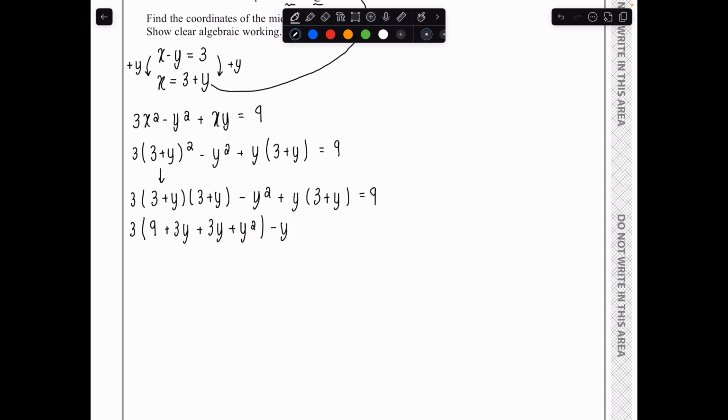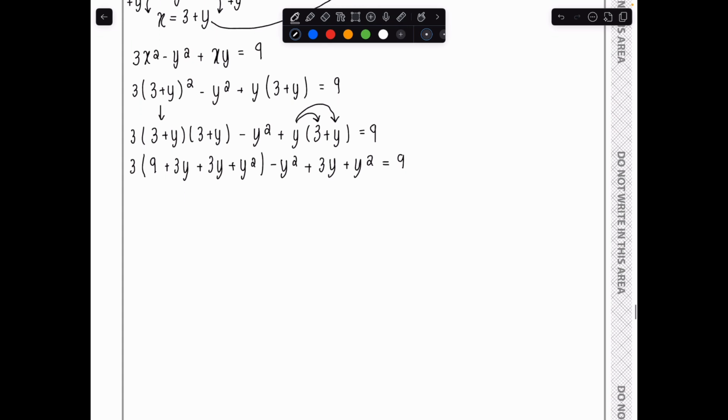Then we subtract y squared, and then we add y times 3, which is positive 3y, and y times y, which is positive y squared, and all of that equals 9. We're almost done with expanding, but we need to times everything on the inside of this bracket by 3, because we've got a 3 on the outside.